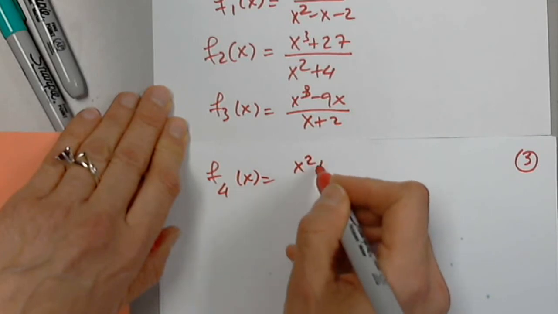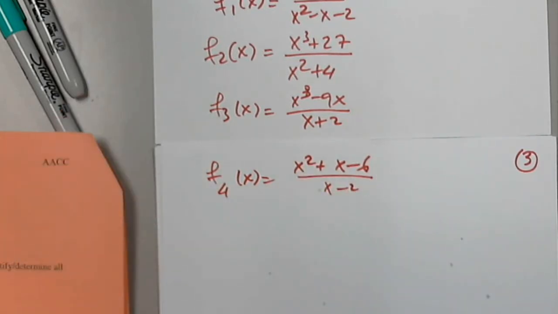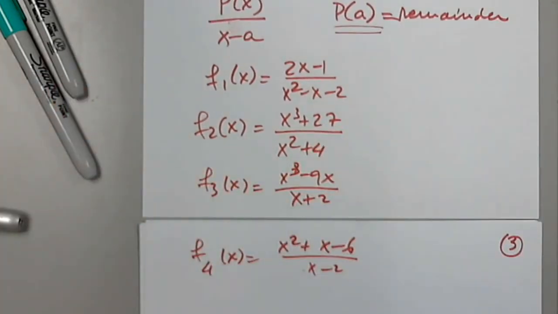And the last one, x squared plus x minus 6 over x minus 2. I copied them down. Before I even look at what the problem is asking me to do, I'm going to identify what they are and which category they belong to.